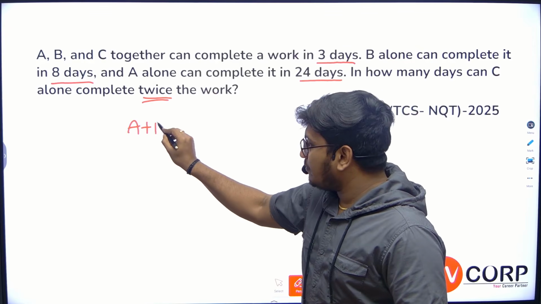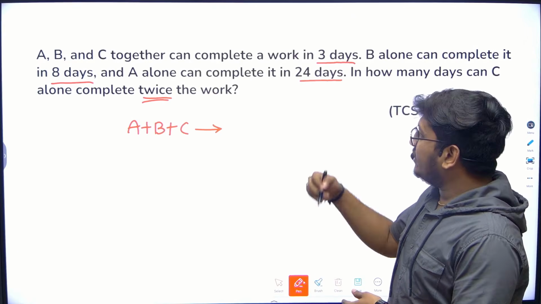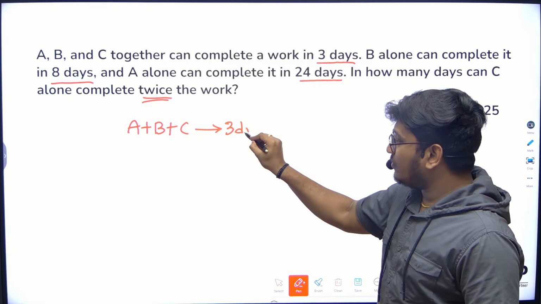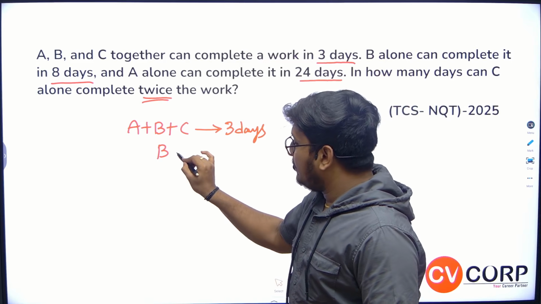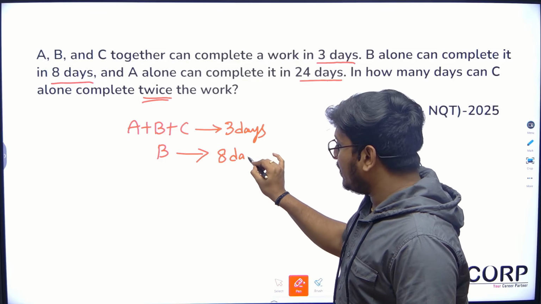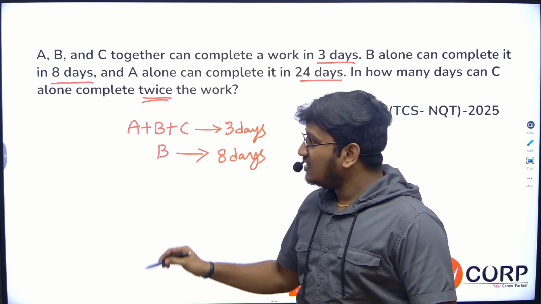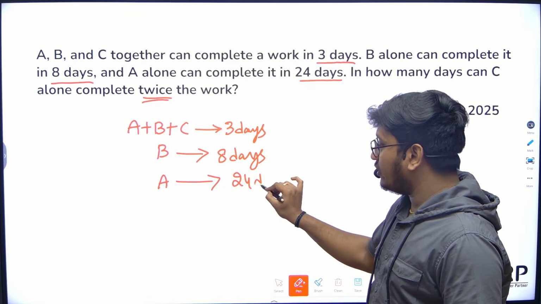A plus B plus C all together can complete the work in 3 days, right? Now they have given the conditions: B alone can complete the work in 8 days and A alone can complete the work in 24 days.